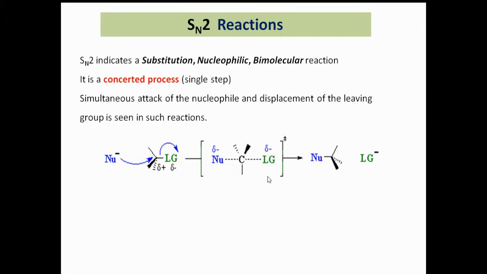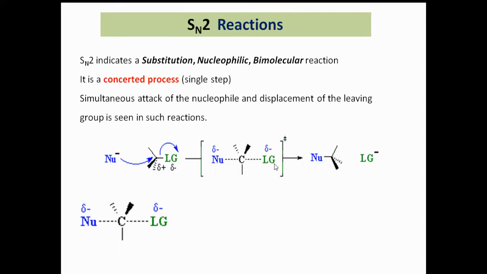Now this reaction is taking place only in one step. Now if we look at the mechanism of this reaction, you can see we come across only the transition state where the nucleophile is attacking onto the carbon, with simultaneous loss of the leaving group.